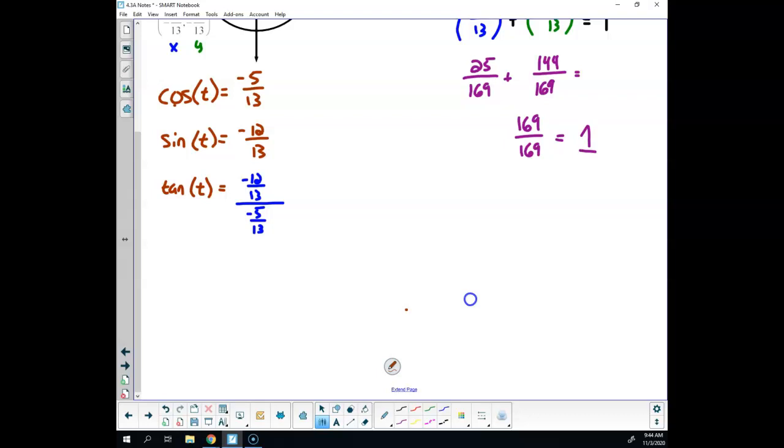The bottom one, so we flip it. So this would be negative 12/13 times negative 13/5. Negative times a negative is a positive. The thirteens cancel each other out, so we just get 12/5 for the tangent.